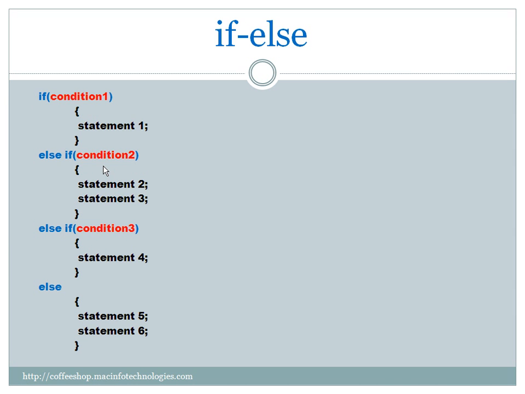And if condition 2 is also false, then condition 3 is checked. If condition 3 is true, statement 4 is executed and 1, 2, 3, 5 and 6 are skipped.